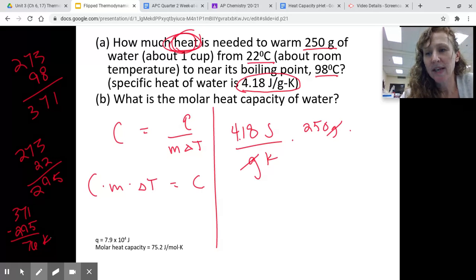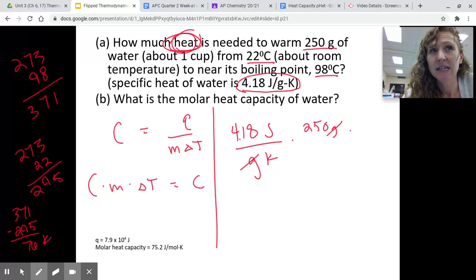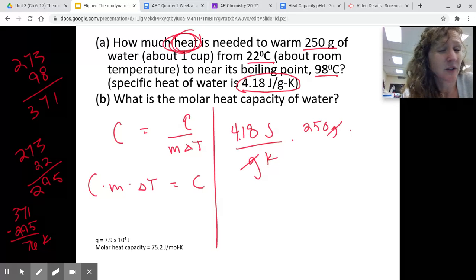Now, you don't always have to convert between Celsius and Kelvin. There are times where you're looking for a specific difference, for example, and that difference is going to be the same in Celsius and also in Kelvin.